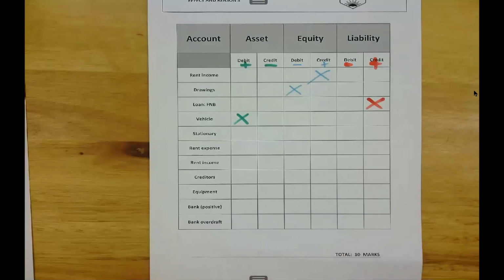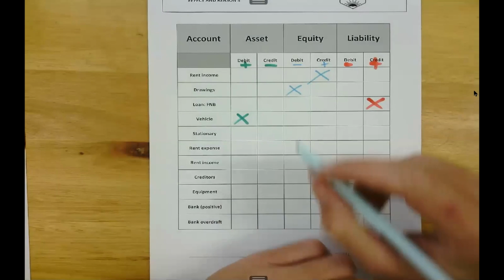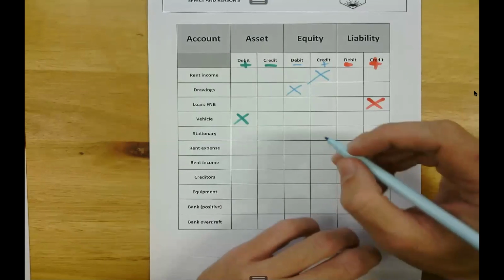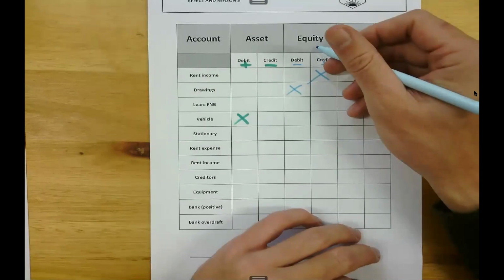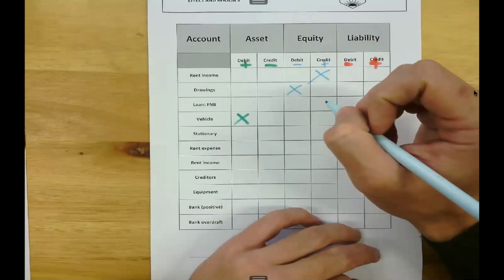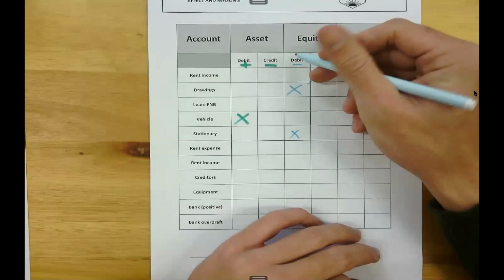The next one, stationery. It's something that you buy. It's an expense, and therefore it falls under equity. And when it decreases your equity, in this instance, stationery decreases your equity, it will fall under the debit side.